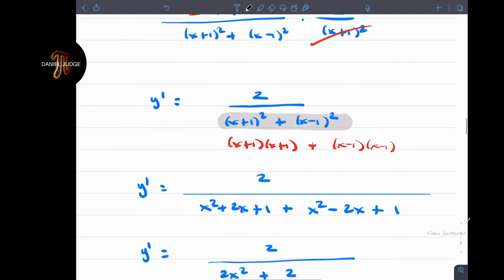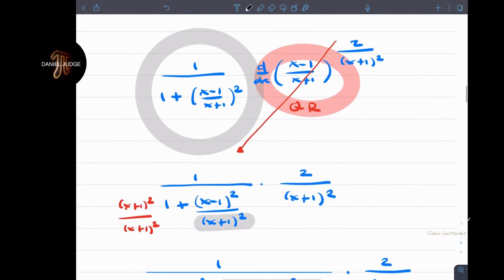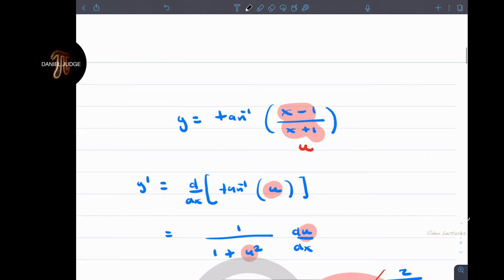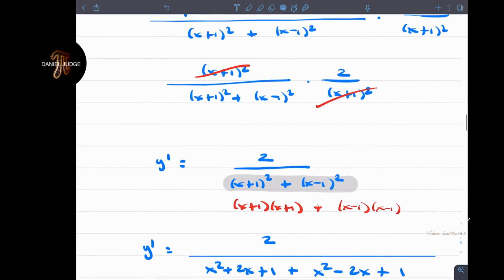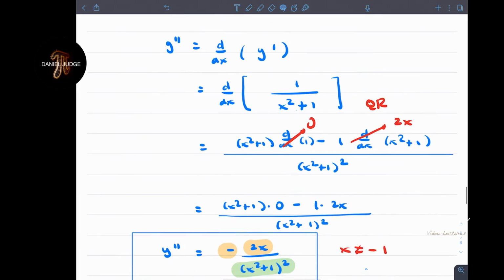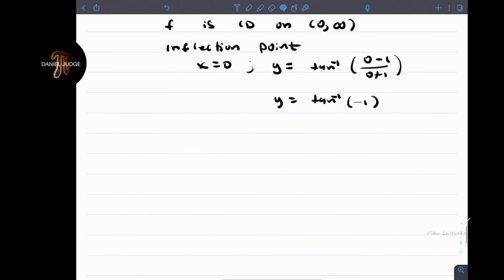Let's copy it down. So this is what we just did. We plugged in the value for x here, x being 0. This is how we have inverse tangent -1.